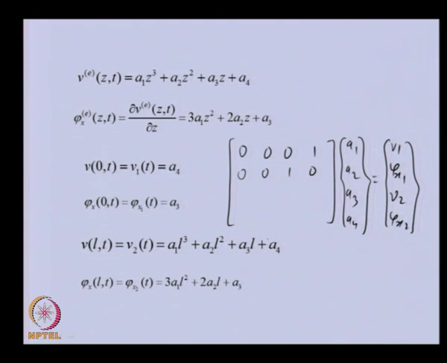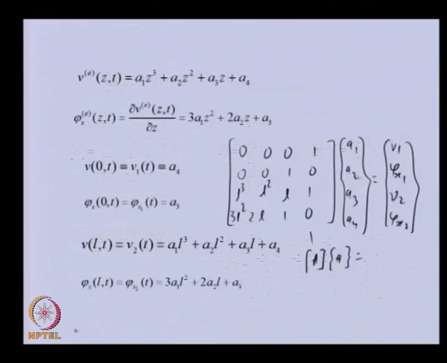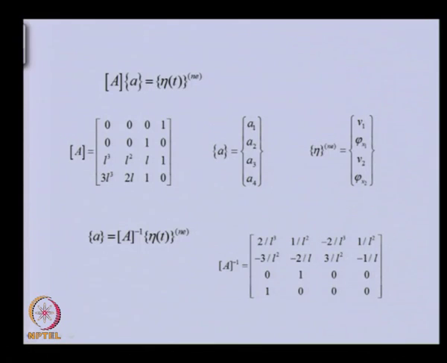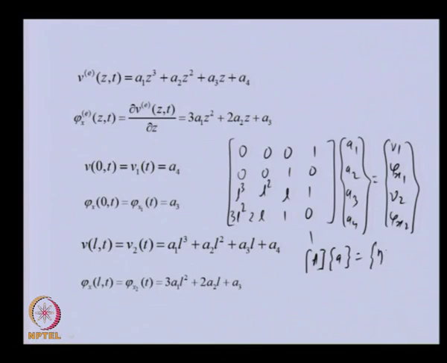This expression will be L cube, L square, L, 1, and this expression will be 3L square, 2L, 1, 0. So, basically we put this in a more systematic way in a matrix, and this I am calling capital A, this is small a in the next slide, and this is the eta, that is, nodal displacements.